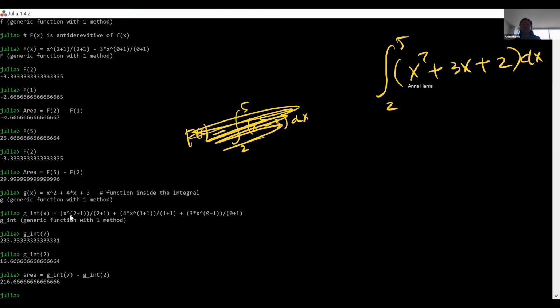So do this problem for me. Okay, I want everybody to get your calculator, get your Julia out and find me this answer. Okay, so I wanted to call this f integral of x.